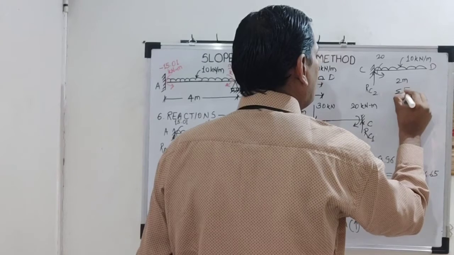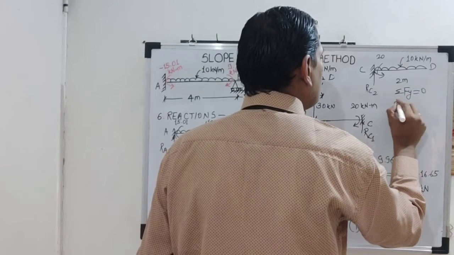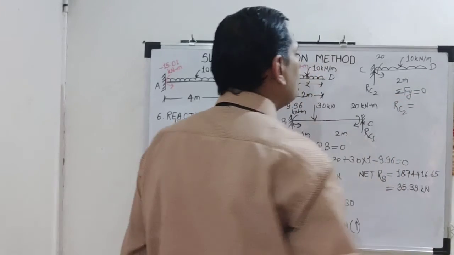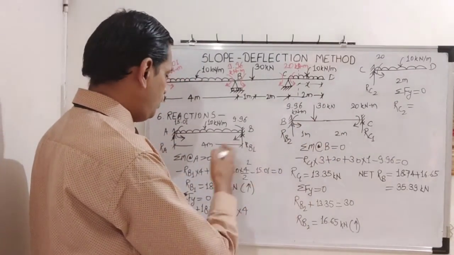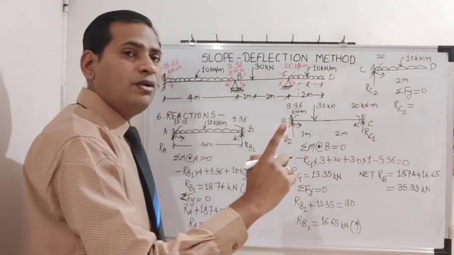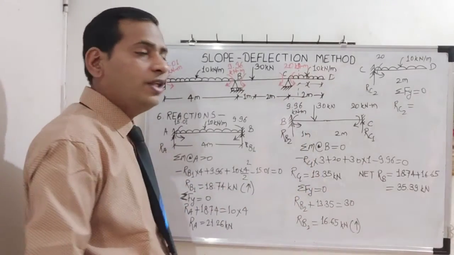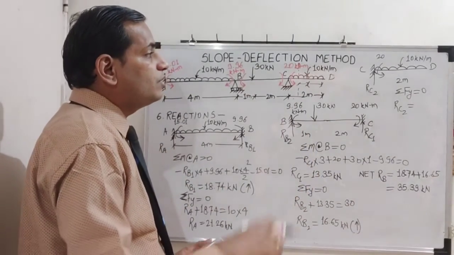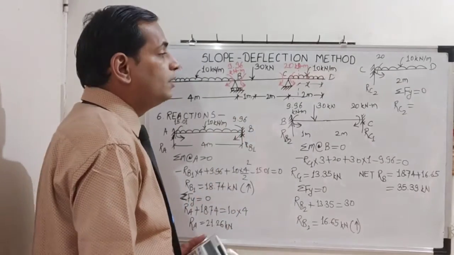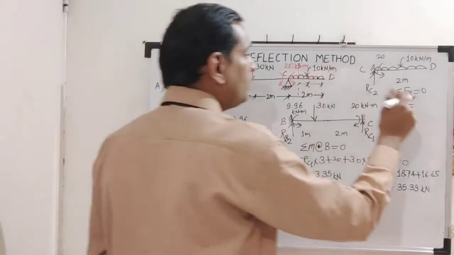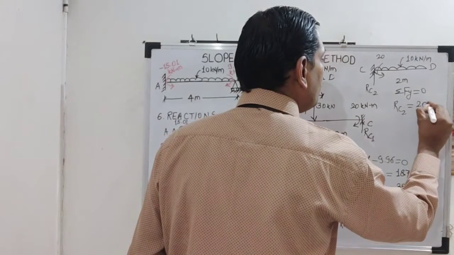So here only one condition is sufficient to find out RC2, because there is only one unknown. Here there used to be two unknowns, so we have applied two conditions. Here there is only one unknown. So one condition of equilibrium, which one is appropriate? Summation of vertical forces. So RC2 is 10 into 2, 20 kilonewton.